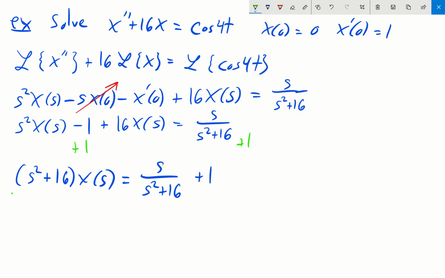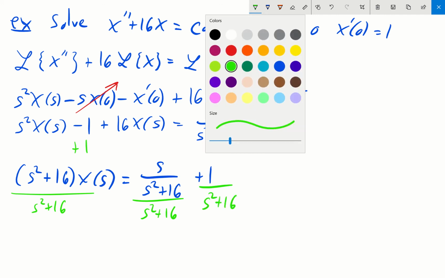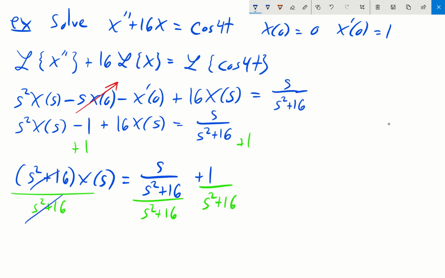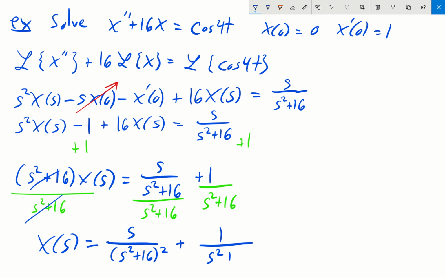We're simply going to divide every single term in the equation by s squared plus 16. These will cancel, so we get that x of s is equal to s divided by s squared plus 16 squared, plus 1 divided by s squared plus 16.